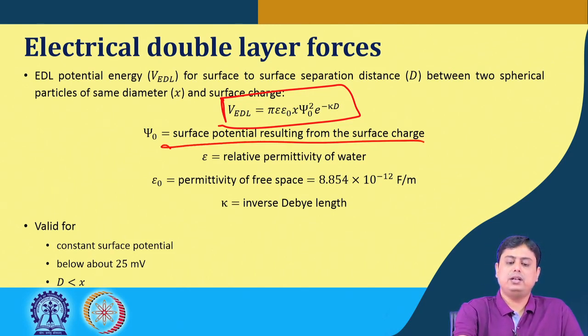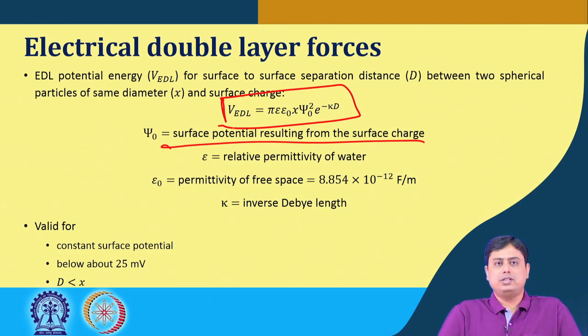The potential energy for the electrical double layer is related to the surface potential, which means we have to measure the surface potential as well in order to have its magnitude.